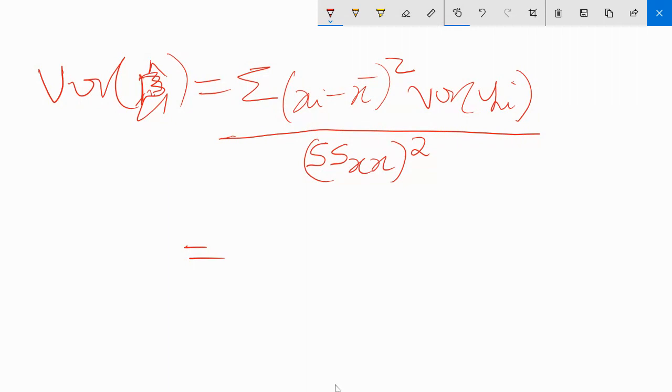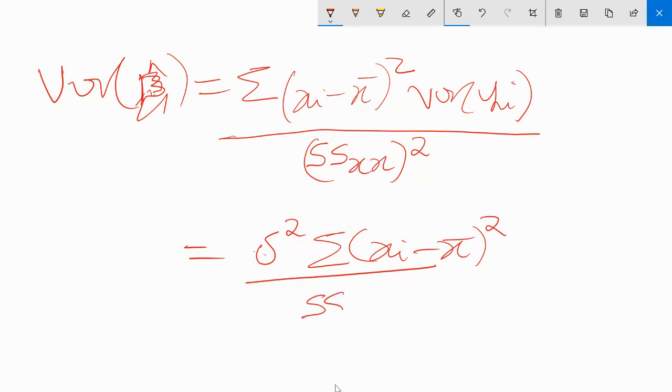Then we have this. The variance of yi is sigma squared. So we're going to have sigma squared multiplied by the sum of xi minus x bar squared over SSXX squared. And this part, as you can see, is SSXX.